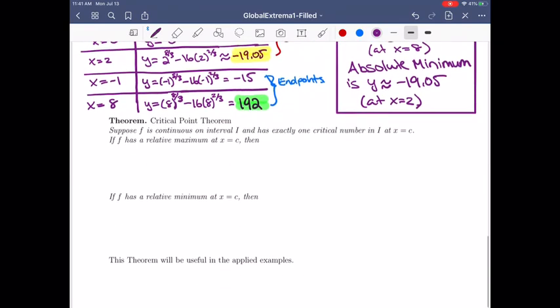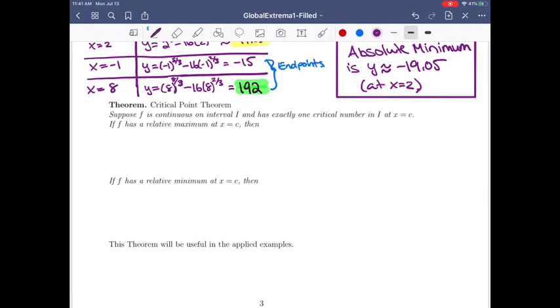There's one other theorem here that we can make use of that's useful when we're doing applications, and in particular, if you don't satisfy the extreme value theorem. So if you have a function that is continuous on some interval, notice that it doesn't have to be closed, and it has exactly one critical number, c, that's in the interval, then if you know the classification of c, that's actually going to be the absolute extrema.